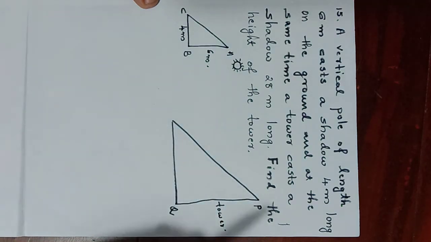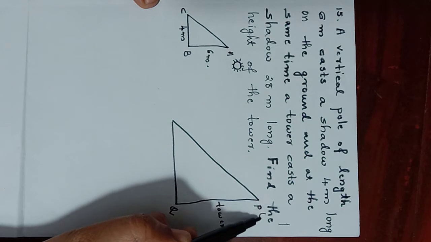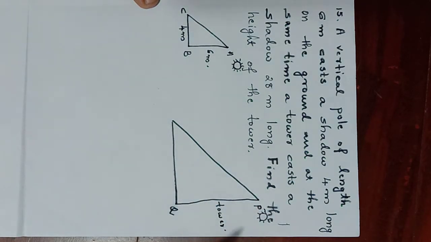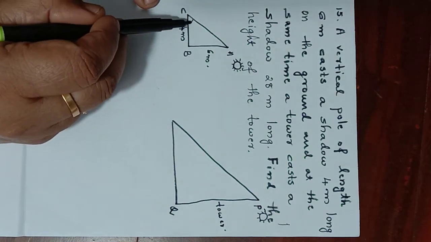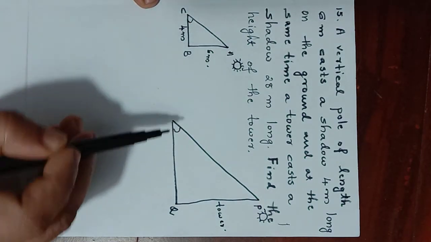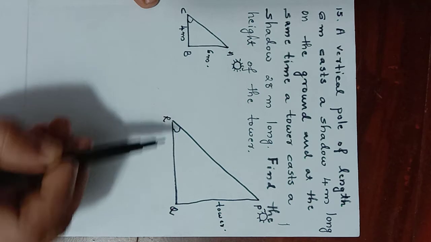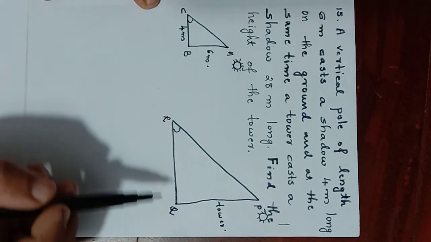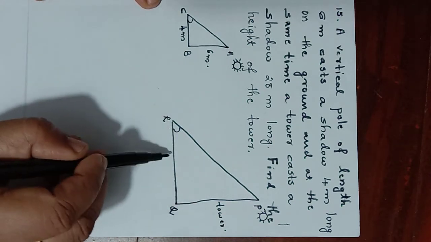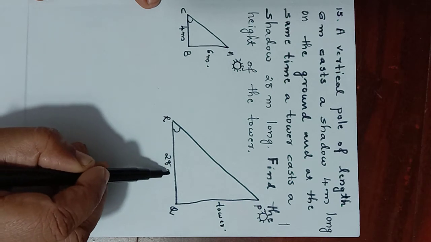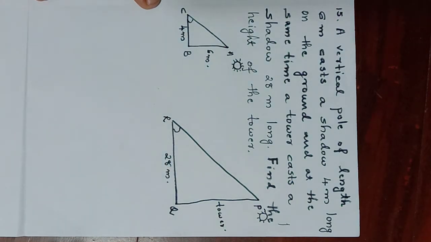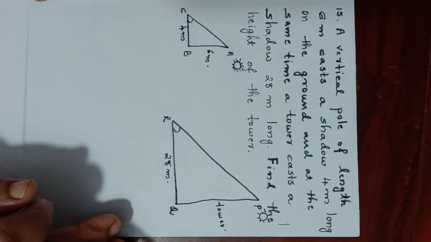Yes, the angle of elevation of the sun will be the same position at the same time. So angle of elevation will be the same. We can mark it as angle C and angle R as the angle of elevation. Here the tower's height we have to find out, shadow of 28 meter long. Okay, they are on the same level ground.